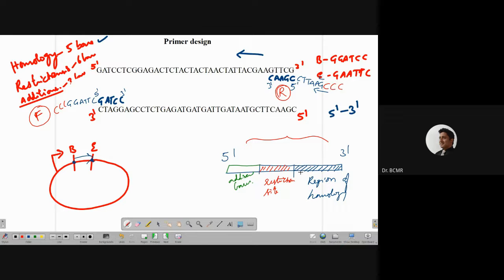So on the 3' side, there should be the region of homology. Then you have the restriction site, properly oriented 5' to 3', and then additional bases. Let me look at this here. In the reverse primer, the region of homology is on the 3' side, and the recognition site is GAATTC. It is being read correctly, and then the additional bases.